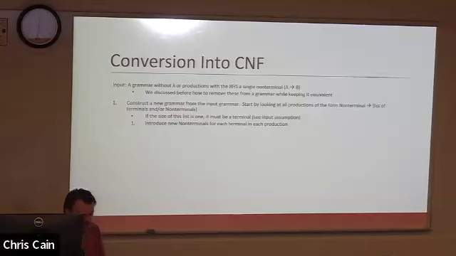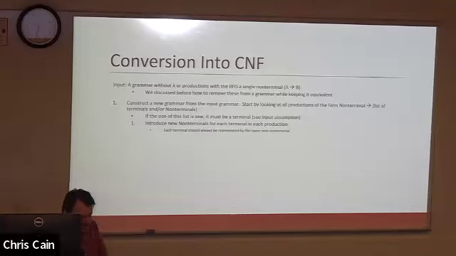Then we're going to introduce a sequence of new non-terminals for each terminal in the production. Because we know that in CNF, one of the legal rules is non-terminal arrow terminal. So we're just going to be creating non-terminals for those terminals and making a bunch of new rules where those non-terminals lead to that terminal. If that makes sense. I think an example will help, but I want to get the whole process out there so we can refer back to it when we get into the example.